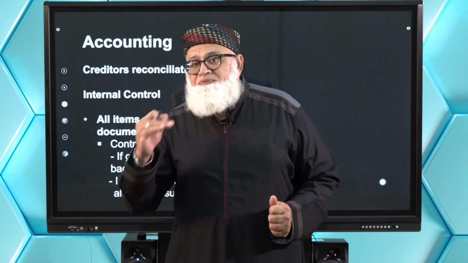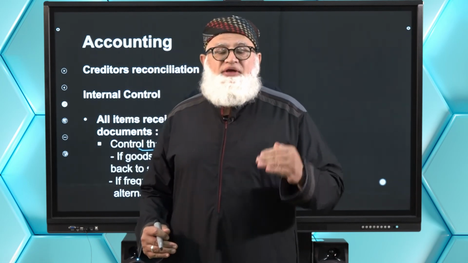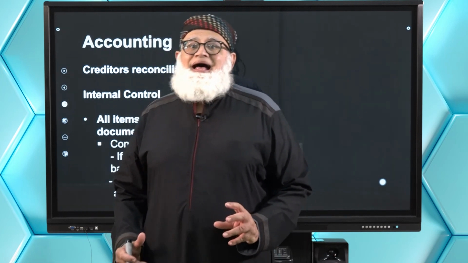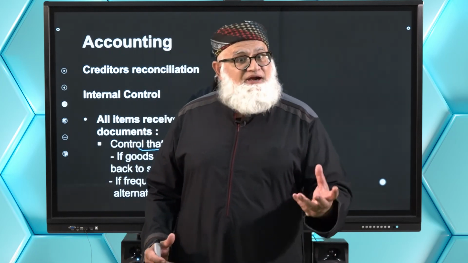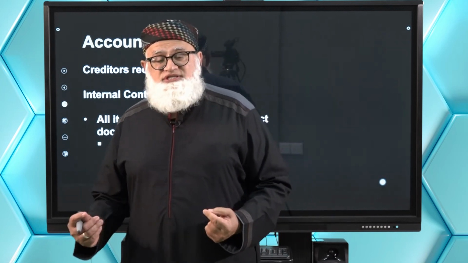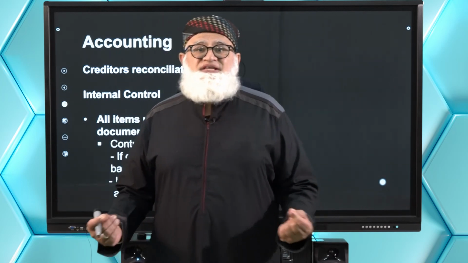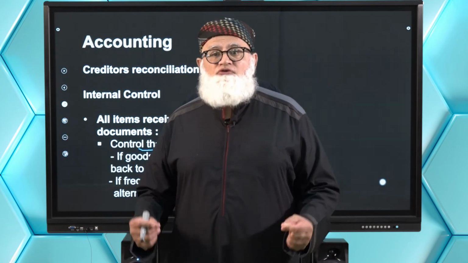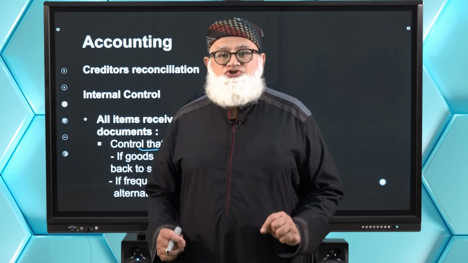Are we following the procedures? Remember, we have certain people that are in charge of ordering the goods. There should be different people that are receiving those goods. Obviously, the reason for that is division of duties to ensure the protection of our asset, namely trading stock.